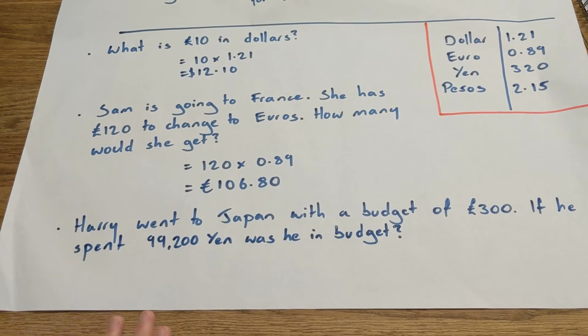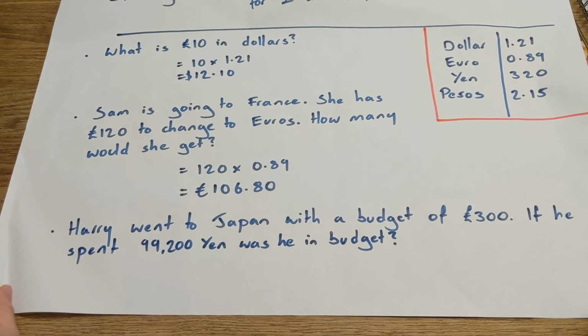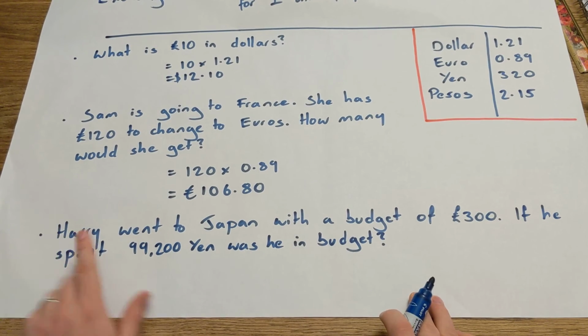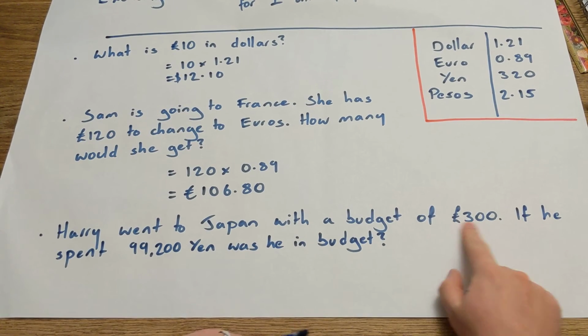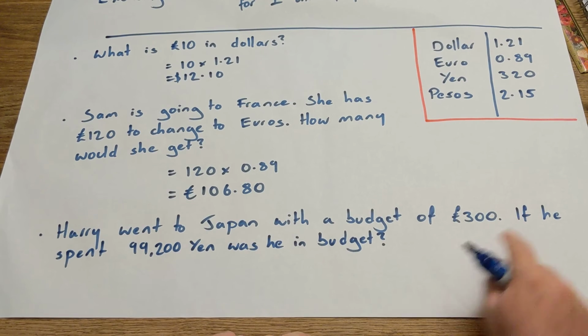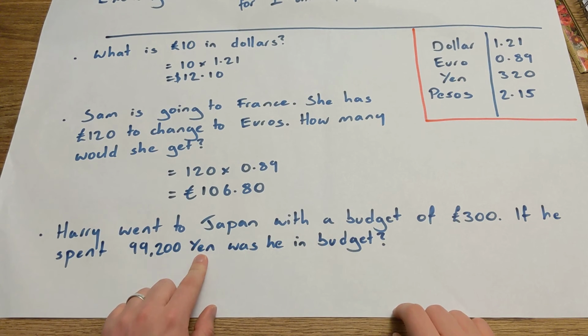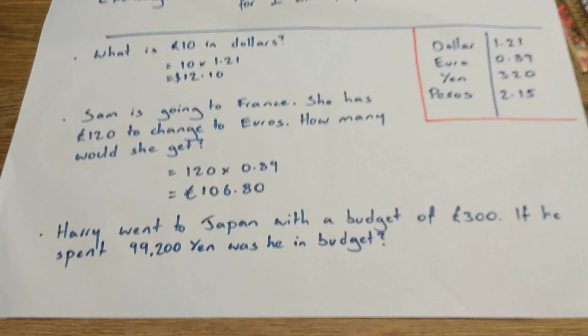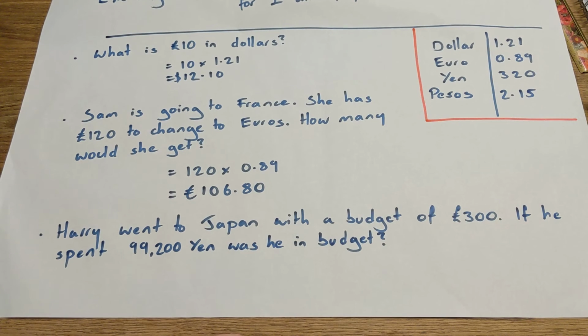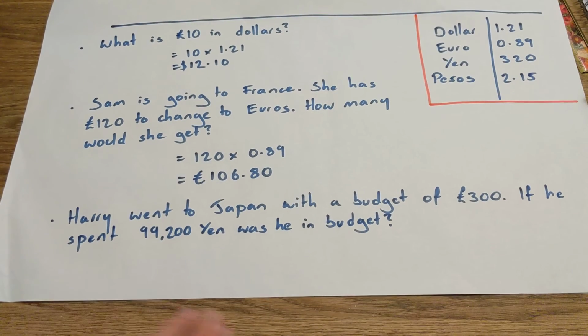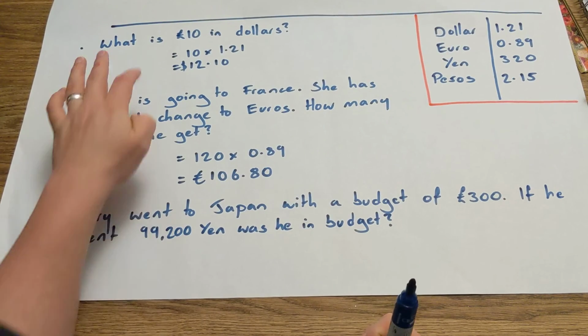Okay, and as if by magic, another question's appeared, and I've added a little extra to it. Okay, so Harry went to Japan with a budget of £300 to spend. If he spent 99,200 yen, which is the currency in Japan, was he in budget? Okay, so what we need to do then is work out what his budget was in yen. Okay, and to do that, it's just like these other two questions.